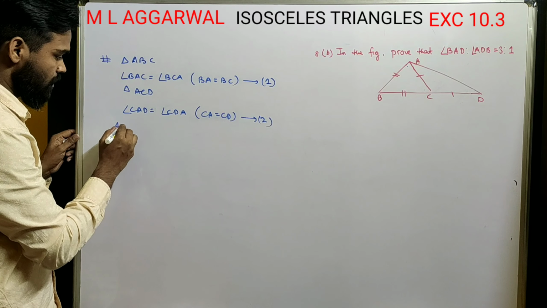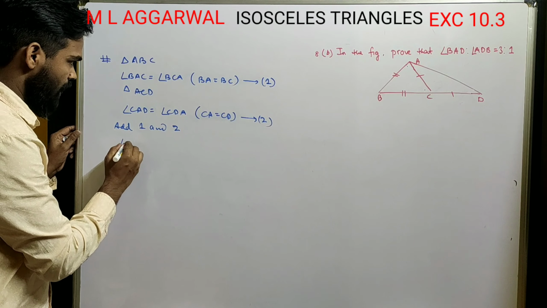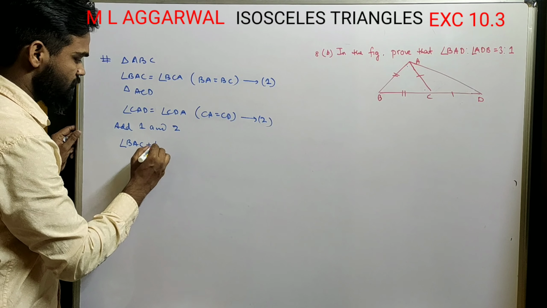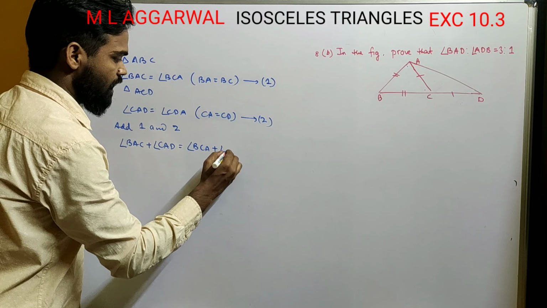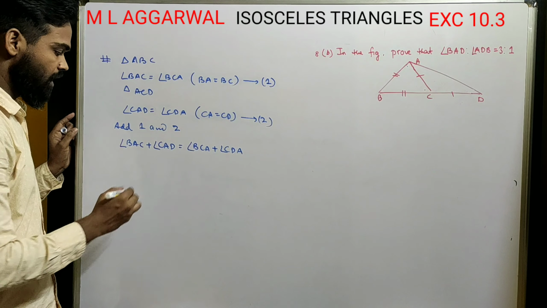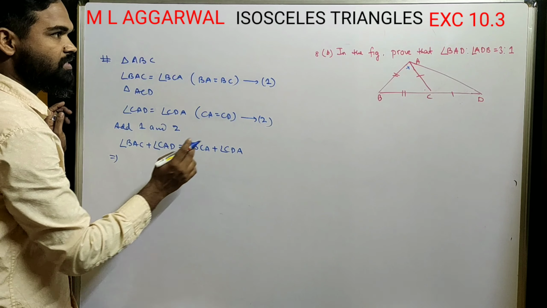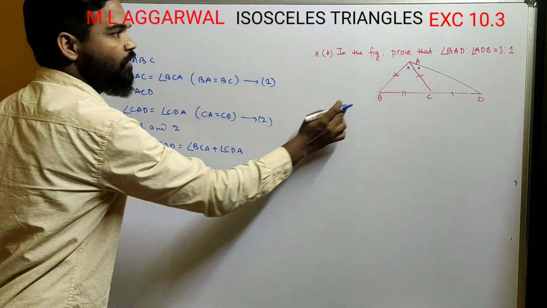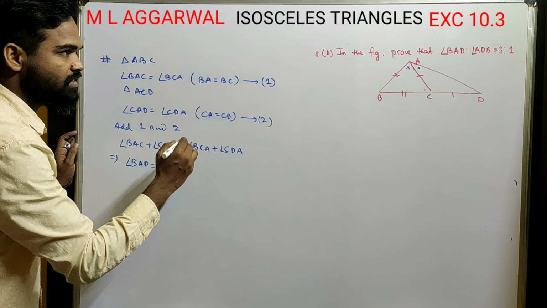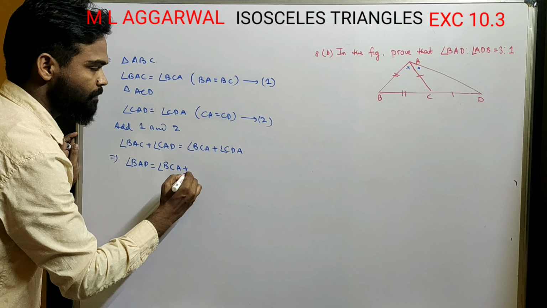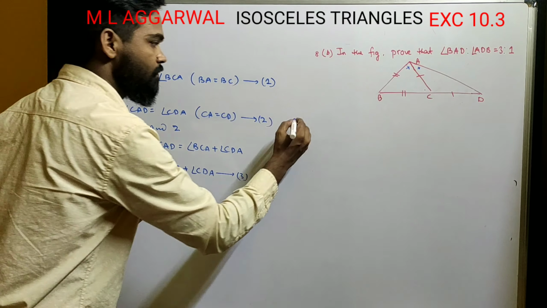Now add these two. Adding 1 and 2. What do you get? Angle BAC plus angle CAD is equal to angle BCA plus angle CDA. Done. Now look carefully. Angle BAC, which means this angle, and CAD, which means this angle, together form BAD. So angle BAD is equal to angle BCA plus CDA. This is equation 3. Now look carefully.